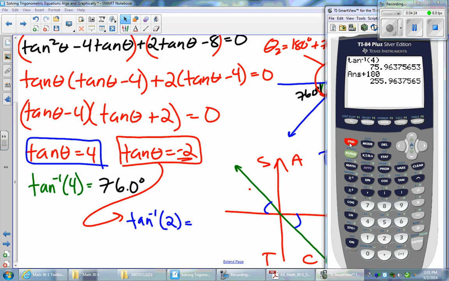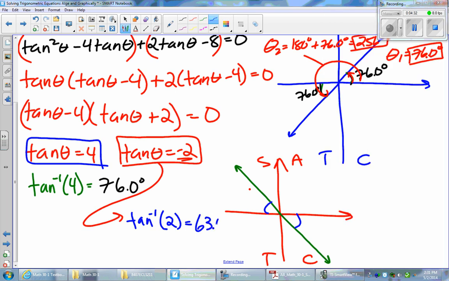So second tan of 2 gives a reference angle of 63.4 degrees. This angle right here is 63.4 degrees, and same thing here. Let's identify these two solutions. The first solution is from the x-axis to that terminal arm.